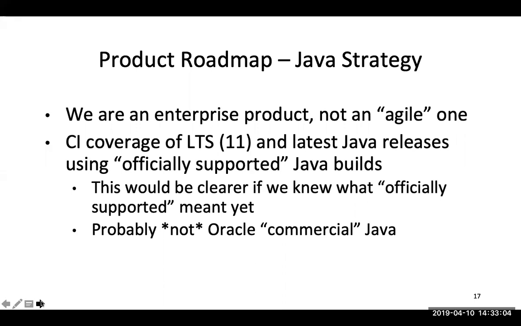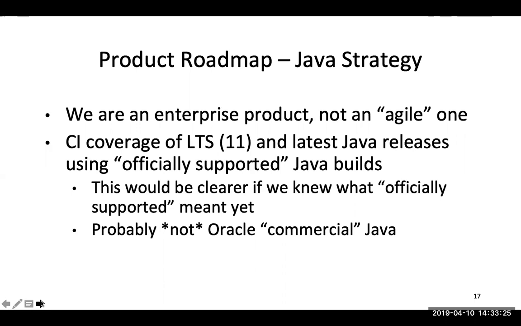So when I say officially supported Java builds, I still can't give you an answer what that means. All this would be a lot clearer if we knew what officially supported meant. What I can say is that we're almost certainly not going to be spending a whole lot of time worrying about Oracle's commercial Java release for the simple reason that we don't expect a whole lot of people to adopt it.